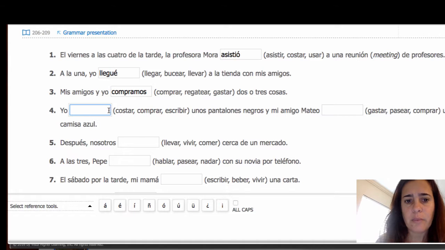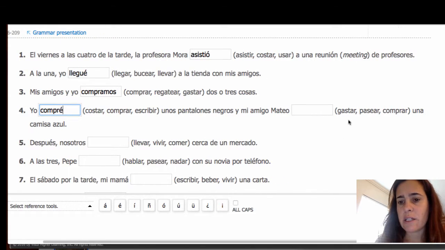So all you do is first choose the right verb and then conjugate it in the past. Yo cost, bought, or brought some pants. Must be brought, yeah? So yo compré unos pantalones negros y mi amigo Mateo, my friend, spent, walked, or bought a blue shirt.